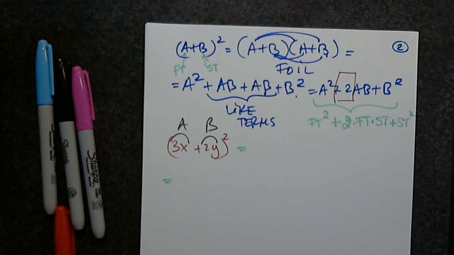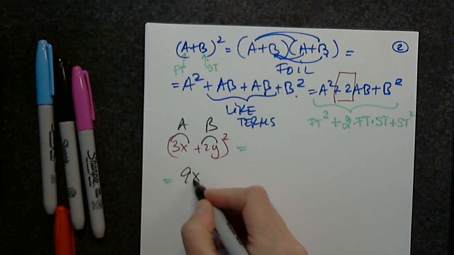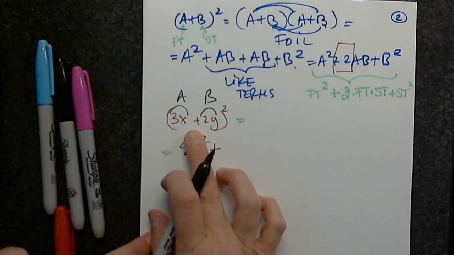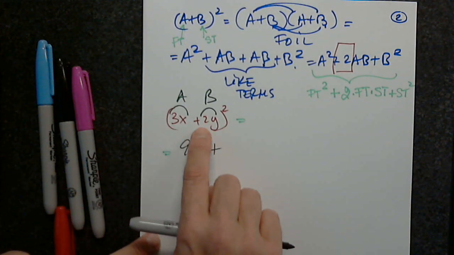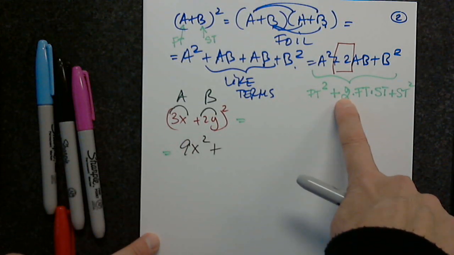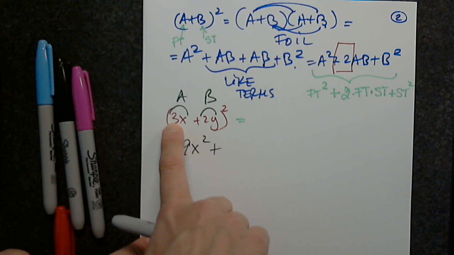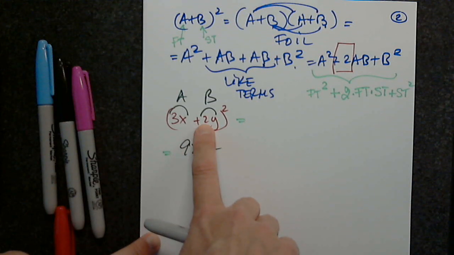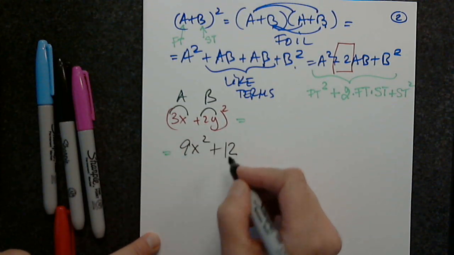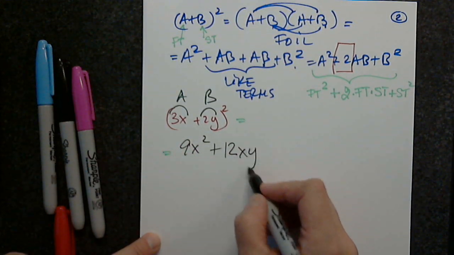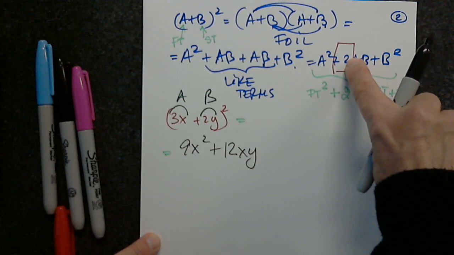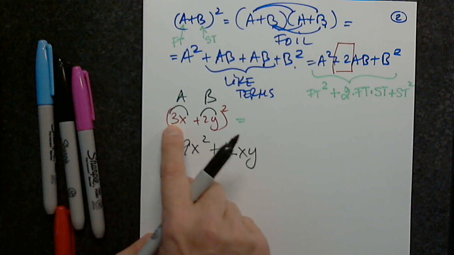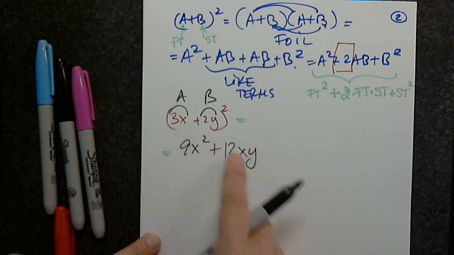Let's square the first term. What do we get? Very good, 9x squared. Then I have to write plus 2 times 3 times 2. 2 times 3 is 6, times 2 is 12, times x times y, so 12xy.